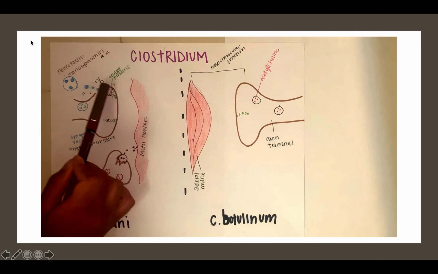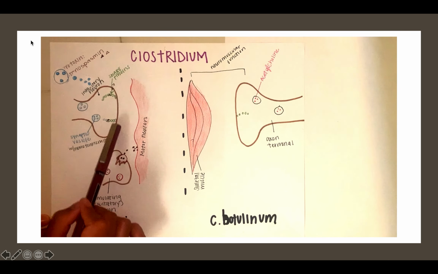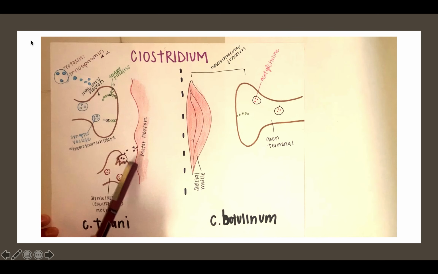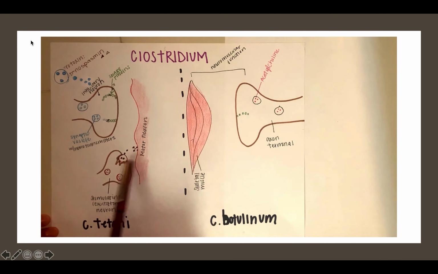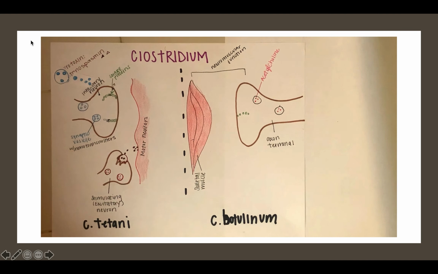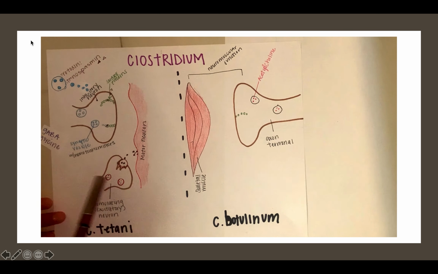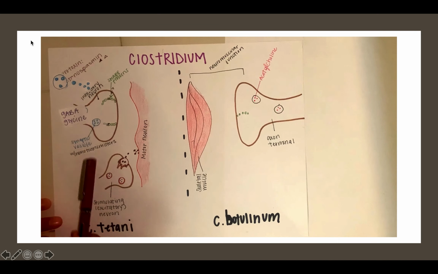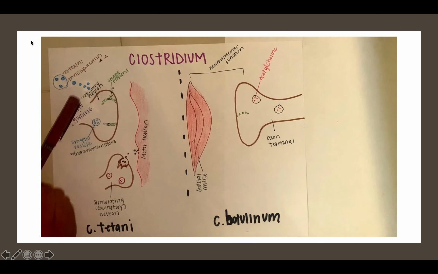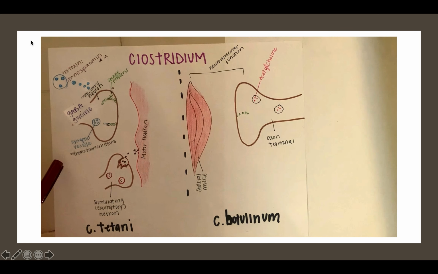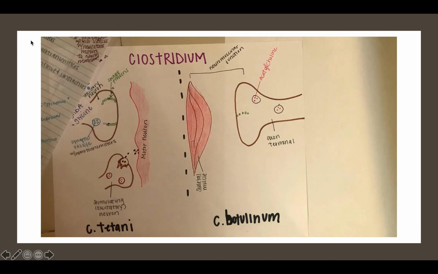Because there's nothing there to inhibit or counteract this effect, there's a continuous spasm going on at the motor neuron. The neurotransmitters that are blocked are known as GABA and glycine, and these are the ones that are going to be in here.